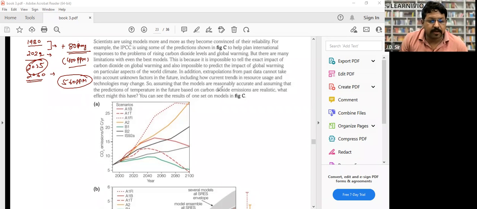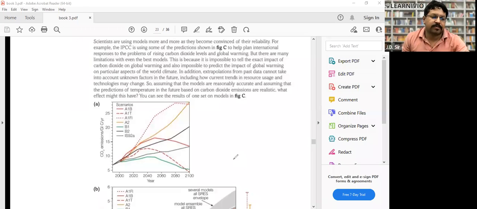So assuming that the models are reasonably accurate and assuming that the predictions of the temperature in the future based on the carbon dioxide emission are realistic, what effect might it have? You can see the result of a set of the models. So these are the different models given over there on the basis of the graph that is represented for carbon dioxide emission.